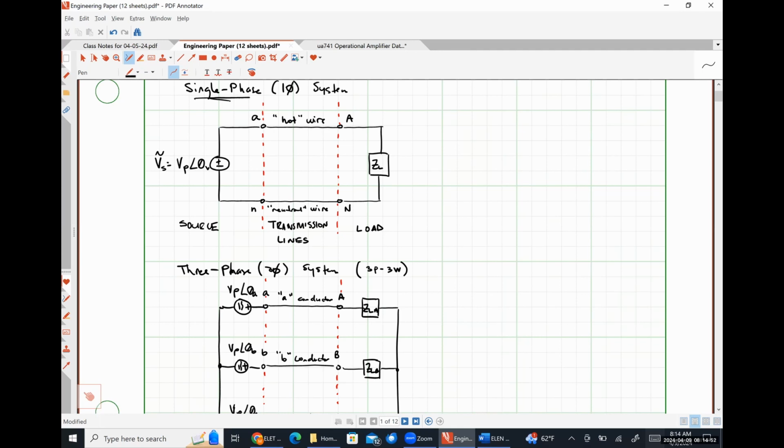Notice that in our single-phase system, it requires two wires to deliver some amount of power to our load. In our three-phase system, it requires three wires total to deliver 3 times as much power to our load if all of our source voltages are the same and all of our load impedances are the same.